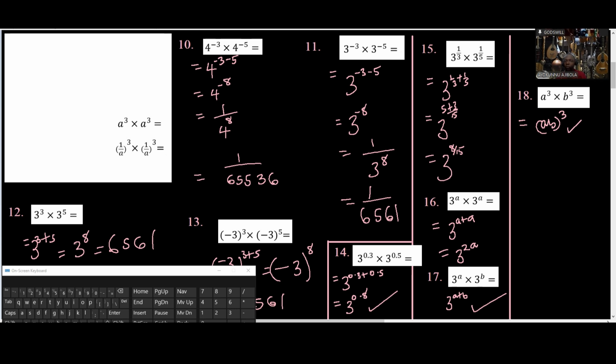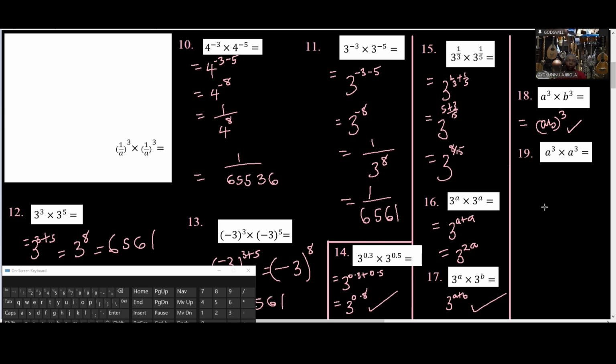Yes, sir. Then the second to the last one, number 19. So if it is now A raised to power 3, then times B raised to power 4, you just write AB.